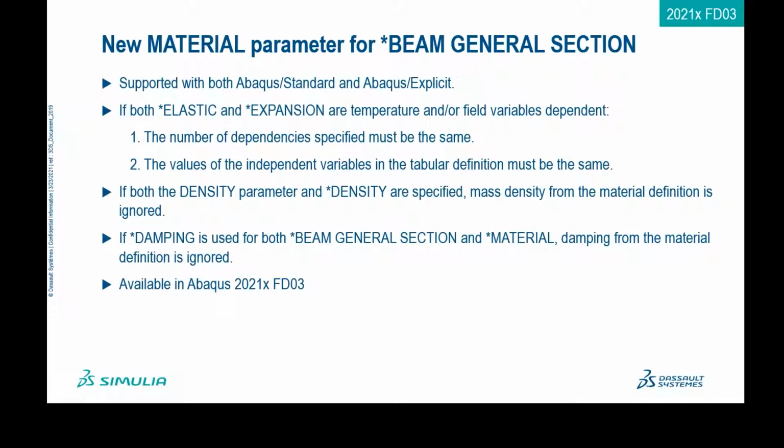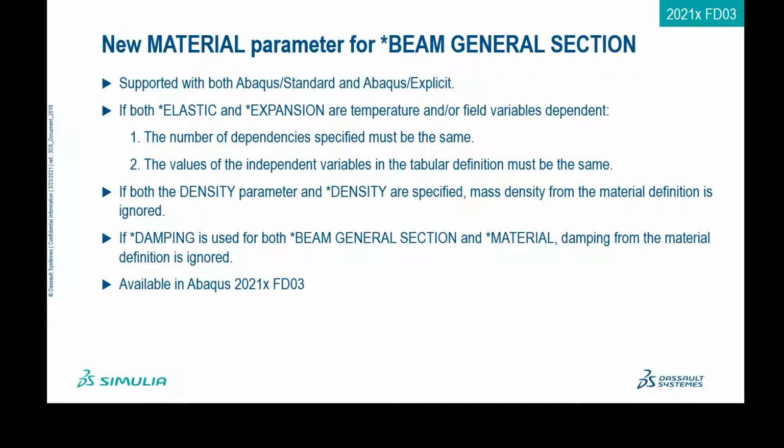The new material parameter is supported for both Abaqus Standard and Abaqus Explicit. If both *ELASTIC and *EXPANSION are temperature and/or other field variable dependent, the number of dependencies specified must be the same, and the values of the independent variables in the tabular definition must also be the same.